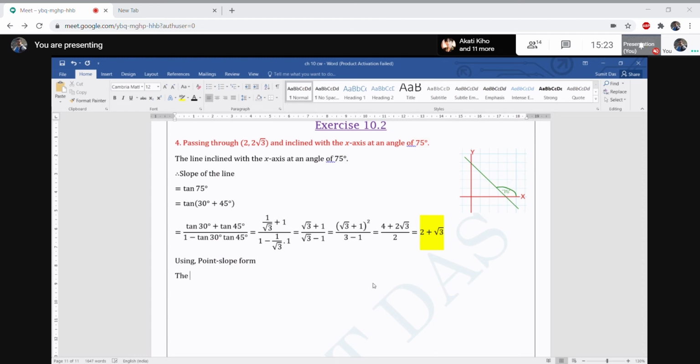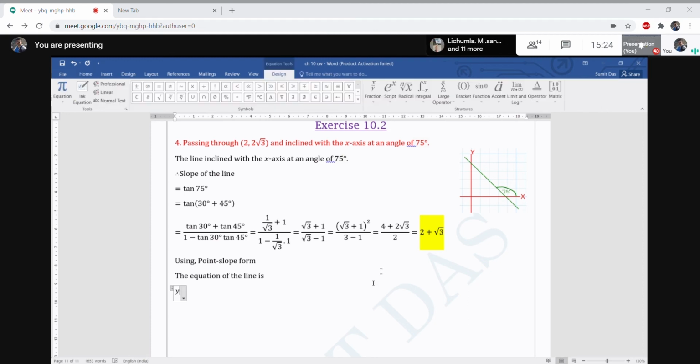The equation of the line is equal to, what is the formula? Formula is y minus y naught equal to m into x minus x naught.